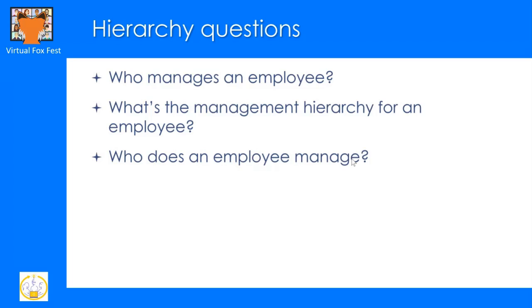That is, who is their manager and who is what I've heard called their skip manager, that is their manager's manager, and who is the person above that person and the person above that person, and so on, all the way up to the top of the company. So given an individual, what is their hierarchy of managers? And then the flip question, given an employee, who are all the people that employee manages directly and indirectly? So who do they manage? And who do the people that employee manages manage? And who do those people manage all the way down to the bottom? And those are the kinds of things we might want to know in a hierarchy of this sort.